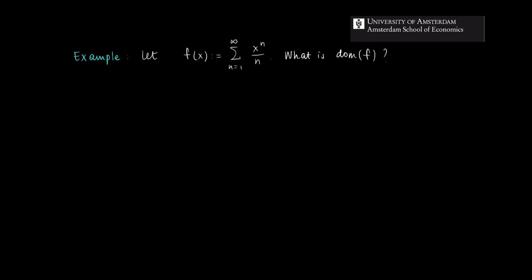For what x does this infinite sum on the right hand side define a real number? Okay, so the answer is that we want to look at all x's for which the power series converges, right? So that will be the domain of this function.